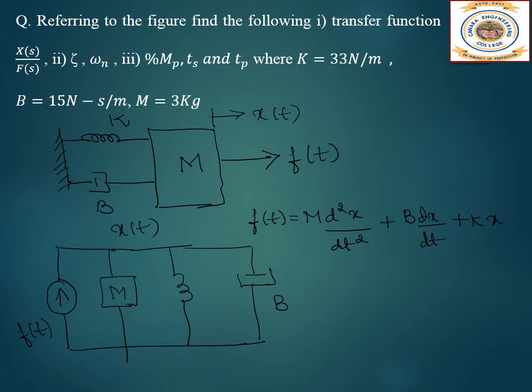Now we have to apply the Laplace transform to this. So what do we get? F of s equal to s square m into X of s plus s into b into X of s plus k into X of s. Let me take X of s common, so we get s square m plus s b plus k.